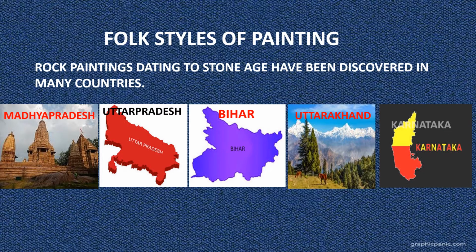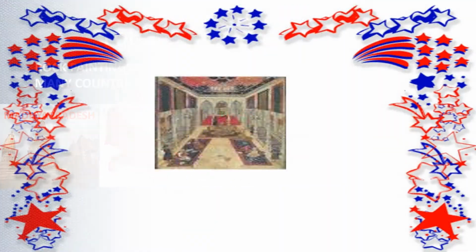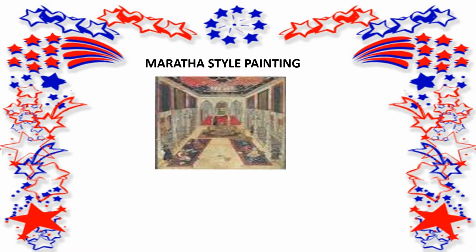The Maratha style of painting. The Maratha painting is an example of art style. The style known as the Maratha paintings began to develop in the later half of the 17th century.